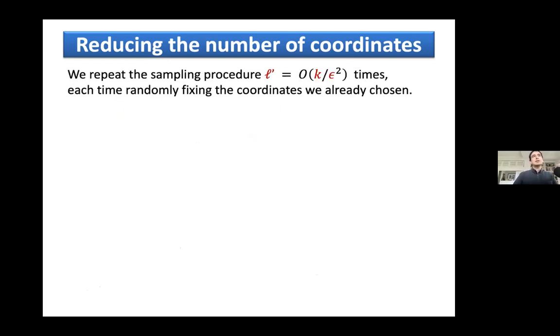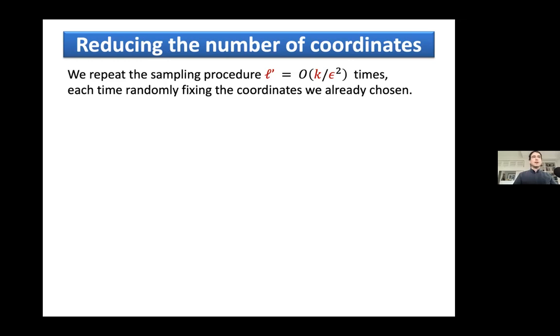Well, we just repeat this sampling process recursively, order k over epsilon squared times. Every time, if we already revealed some coordinates, we already made a decision about them, so we are going to randomly restrict them to randomly chosen constants. Okay, and once we do that, this allows us to do the recursion.